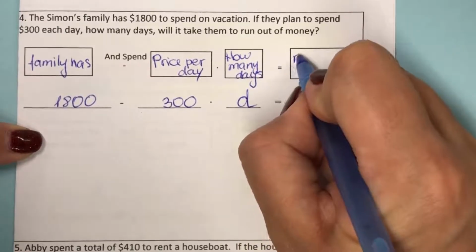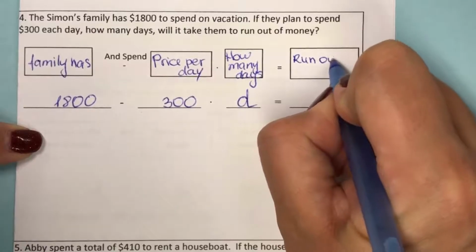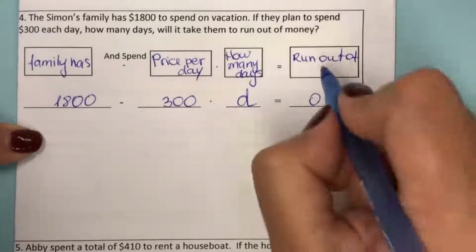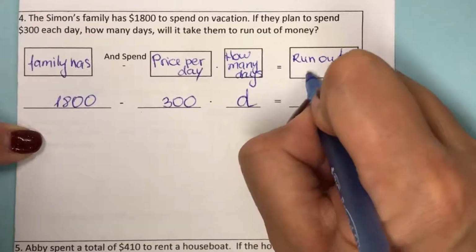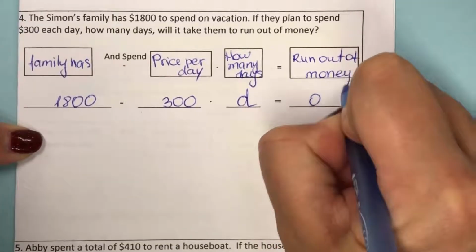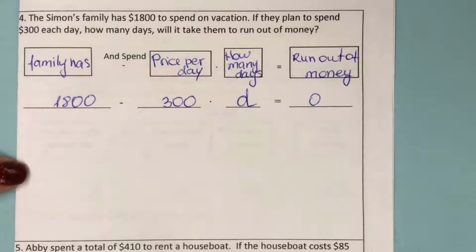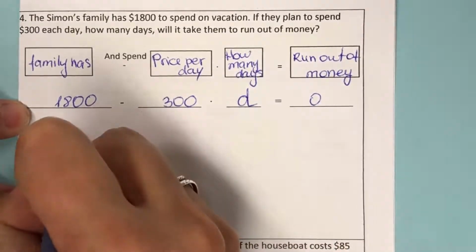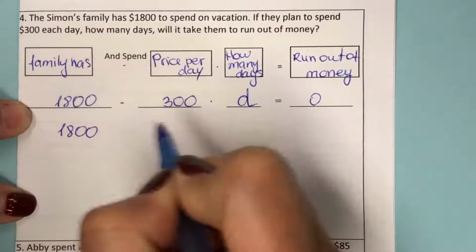That means zero, run out of money. So there is no more money in their budget. So how many days could they plan that vacation to be? So we have the equation now.